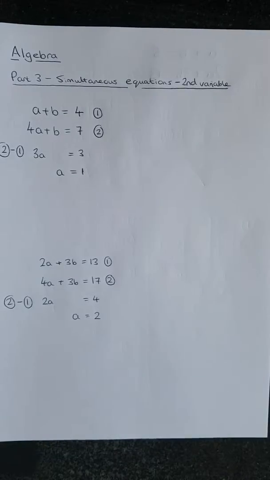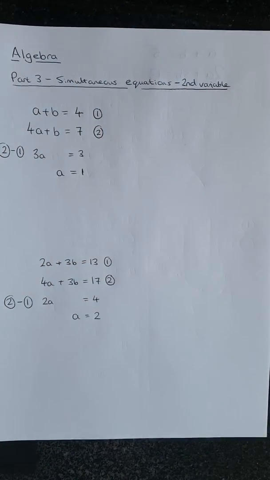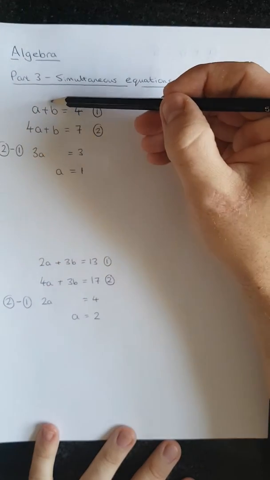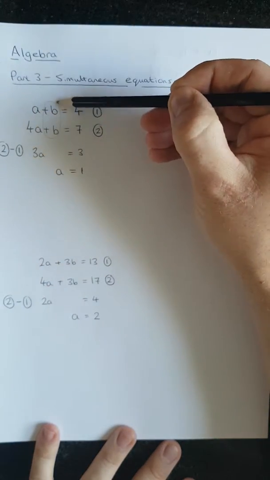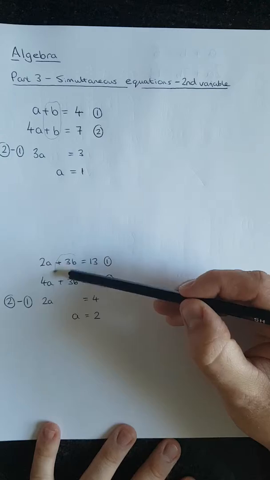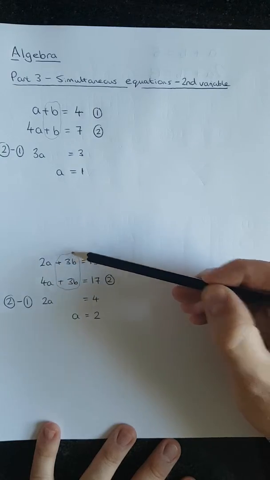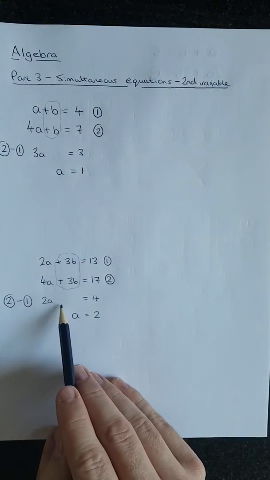So, in the previous part, we took a careful look at how elimination works in simultaneous equations. Where one variable matches exactly, that when we do a subtraction, it disappears.